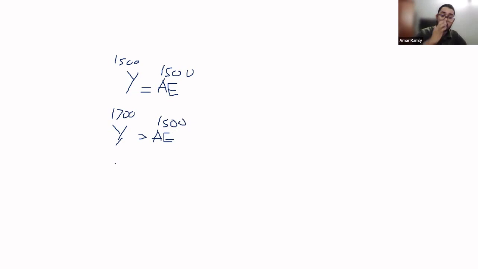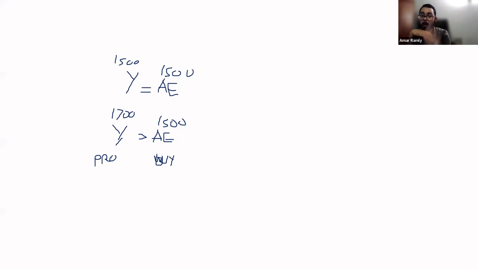Essentially, this is like what people buy, demand, how much people are spending. This is like output, how much firms are producing. What people are buying, what others are selling. So equilibrium happens where buying equals selling. Here selling is more than buying: selling is at about 1700, buying is at about 1500.